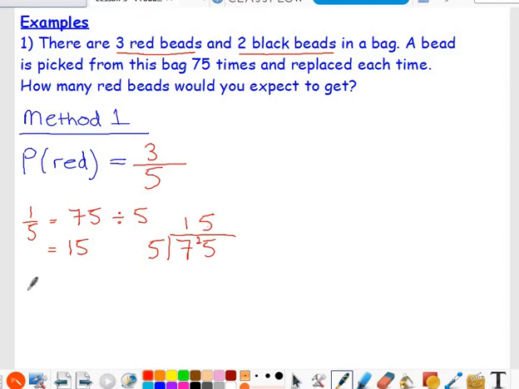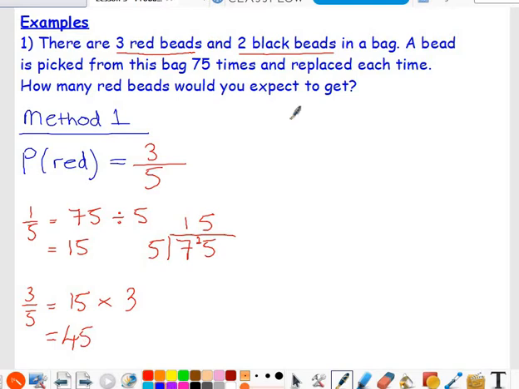So then 3/5 equals our answer in step 1, 15, times by the numerator of the fraction, so times by the top number, which is 3. 15 times 3 equals 45. So that is your method 1, finding it as a fraction of an amount. So 1/5 first, dividing the amount by the denominator, and then 3/5 times in our answer by the numerator.